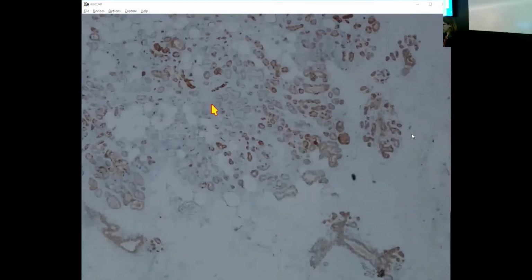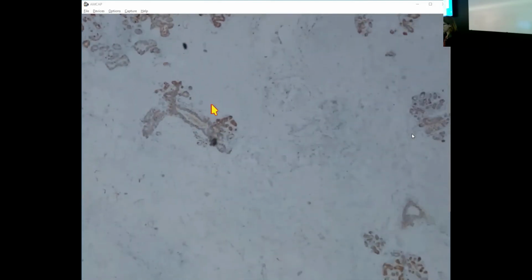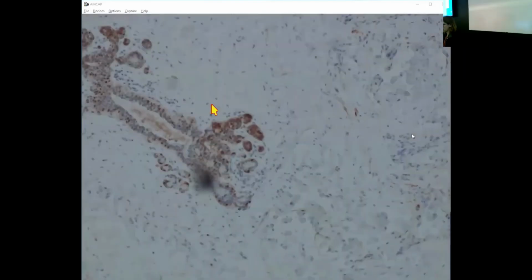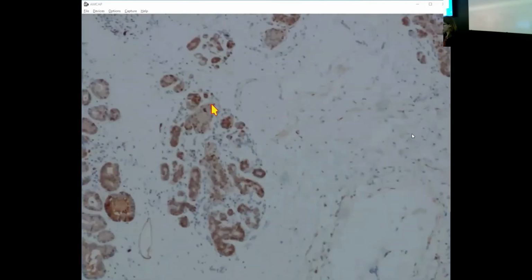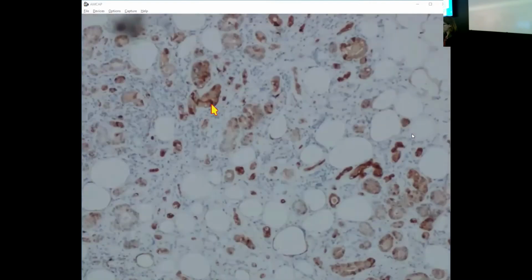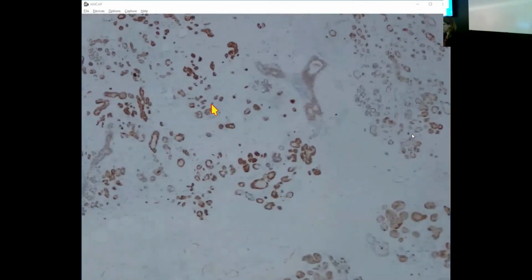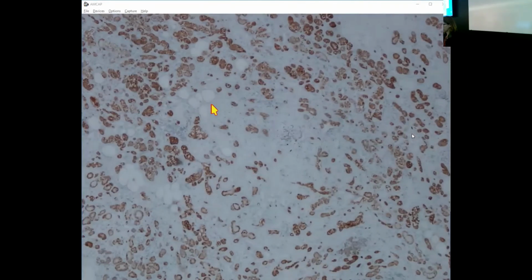You do have to be careful because S100 does stain normal ductal epithelium and invasive carcinomas too. But it's the diffuse, strong staining that is most characteristic of MGA, as you have here. So that's just a little aside there of one with a stain.